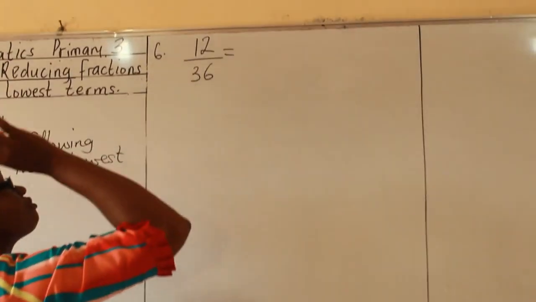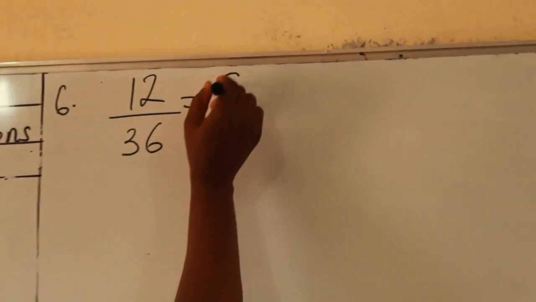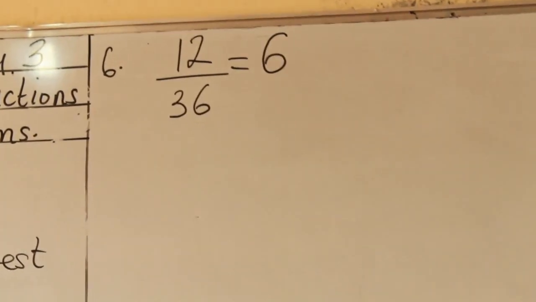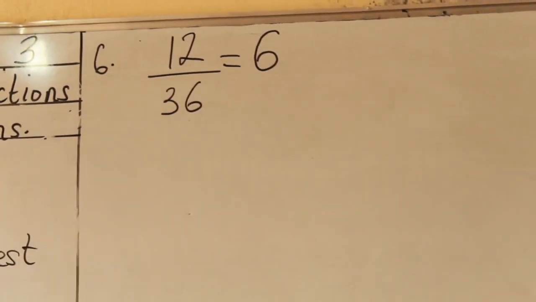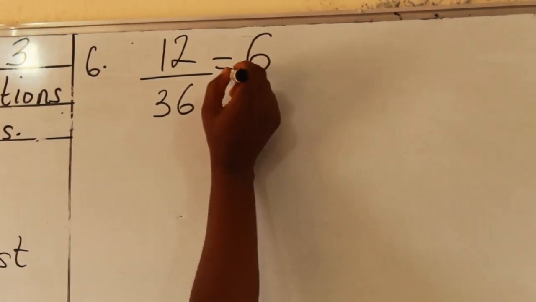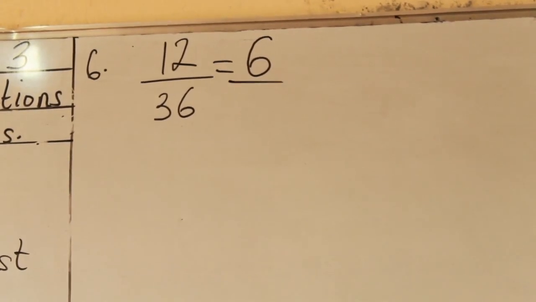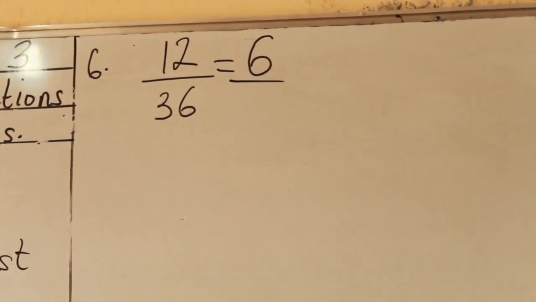2 into 12, how many times will you draw it out? It is 6 times. 2 into 36. How many times will you get 2 out of 36? Are you thinking?